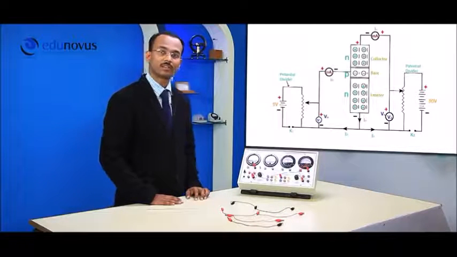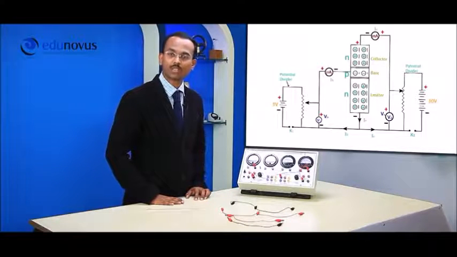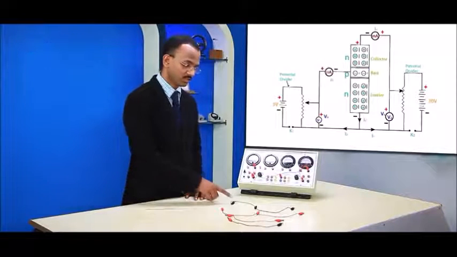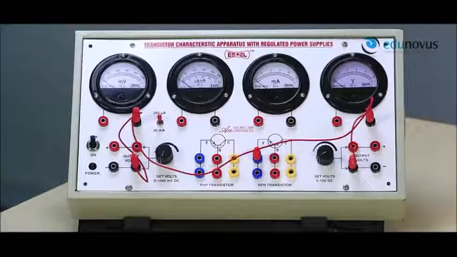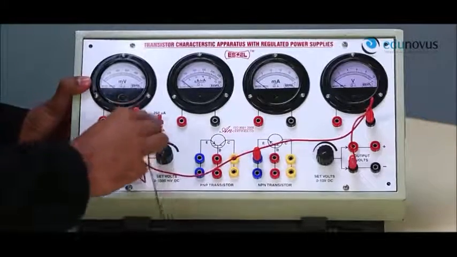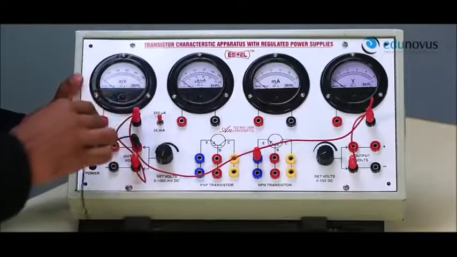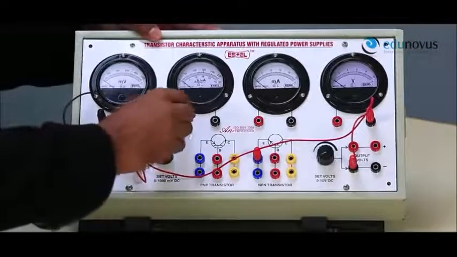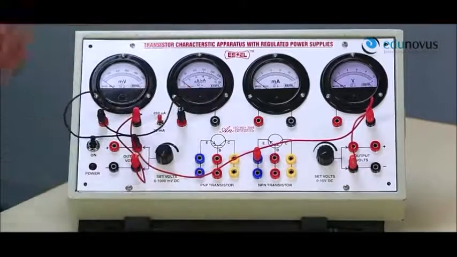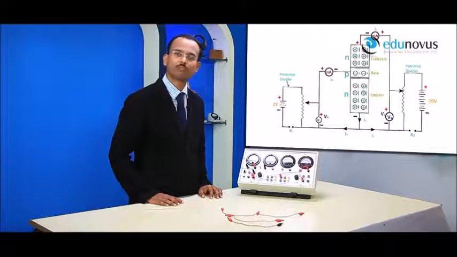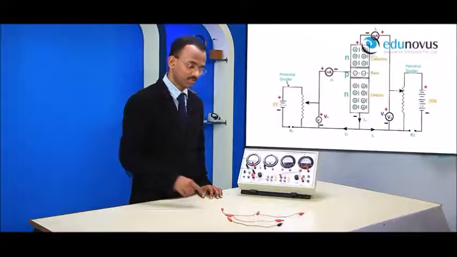So let's connect the positive terminal of the voltmeter, ammeter and power supply in the input circuit using this 3-pin connecting wire. Similarly, let's connect the positive terminal of the power supply, voltmeter and ammeter in the output circuit using this 3-pin connecting wire.